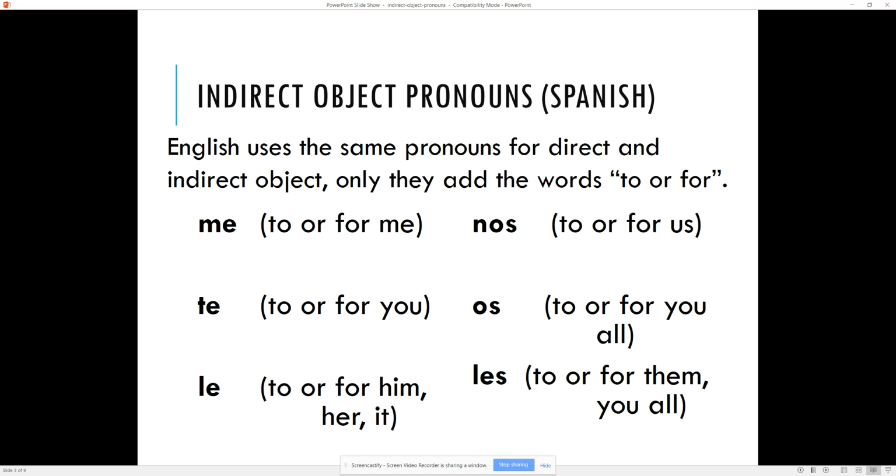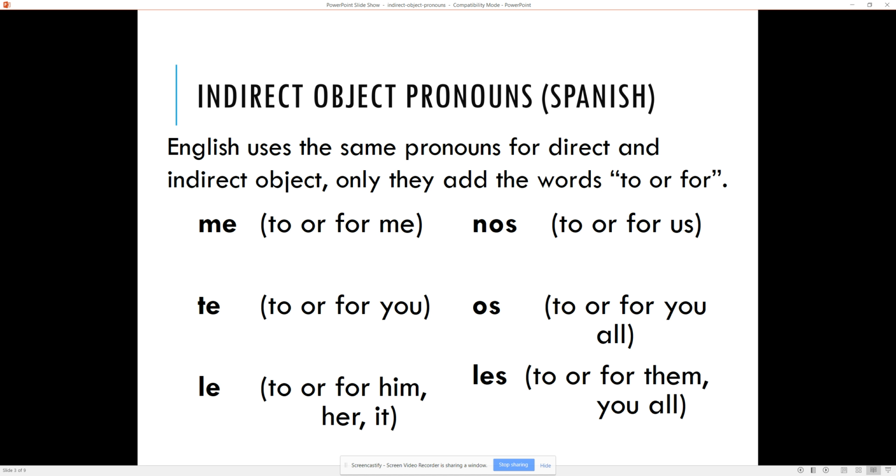Often we will add "to" or "for" for the indirect object, as you can see below. So me for "for me" or "to me," te, le, nos, os, and les.